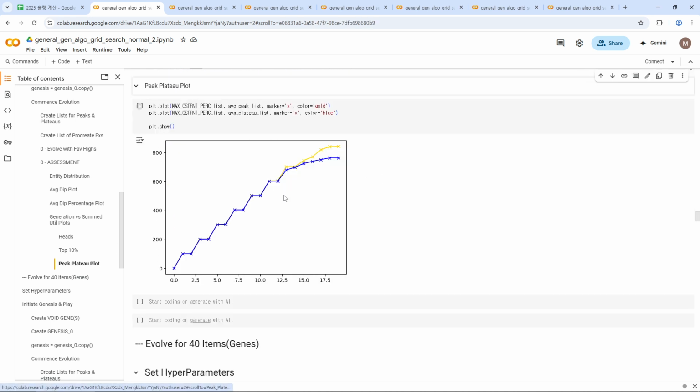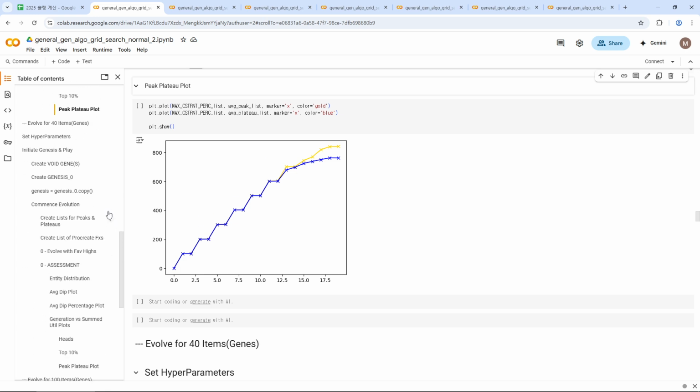Yeah, and the peak plateau plot. There were absolutely no dips until about 10, 11, and then starting from 12.0 we started getting some dips, well, slight dips, and then the dips got larger towards the end, again because we're dealing with only 10 items.